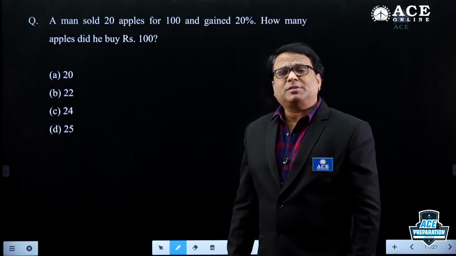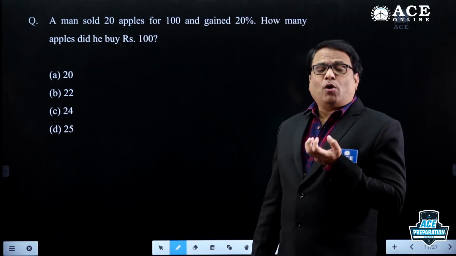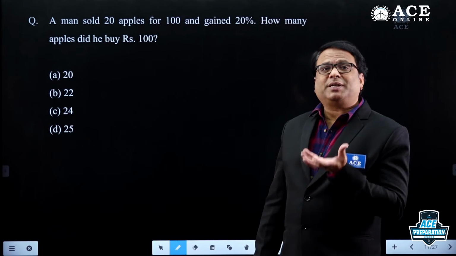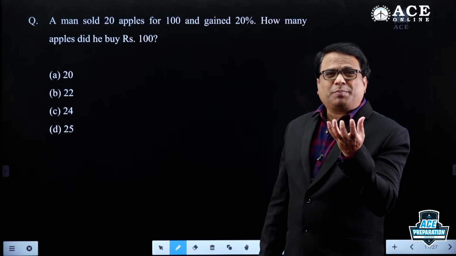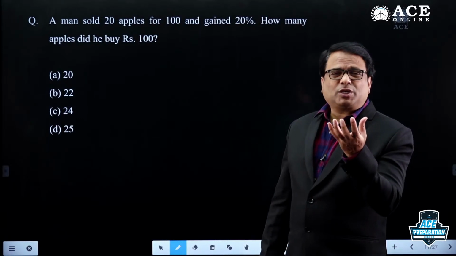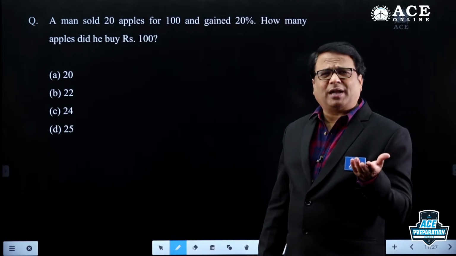So, how many apples he purchased for 100 rupees? For 100 rupees, how many apples the person has purchased? That is the question. Okay, that means what is the cost price for the trader? What is the cost price of each apple? That is the question in another way.